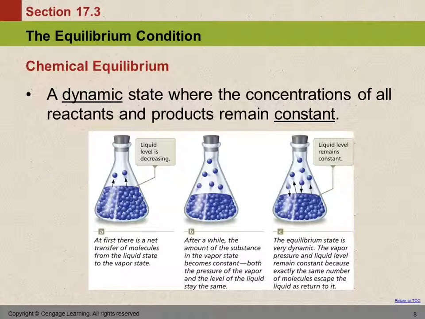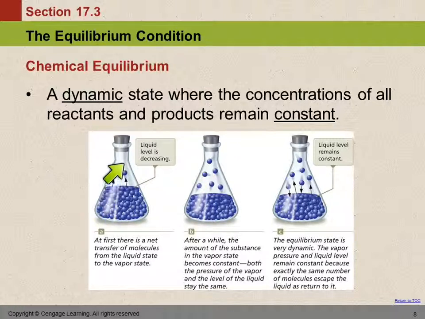Chemical equilibria are dynamic states. So it's dynamic. When we look at it on the surface, it doesn't appear that anything's happening, but actually a lot of stuff is happening. So let's look at this example. Here we put this liquid in a flask and we stopper it. And this picture is where we've just put the liquid in there.